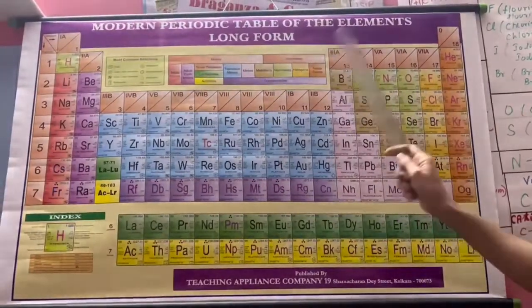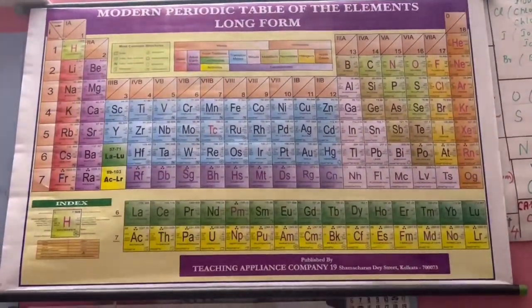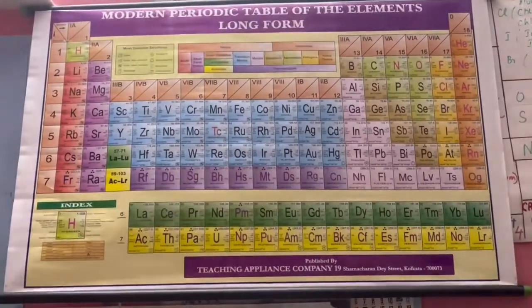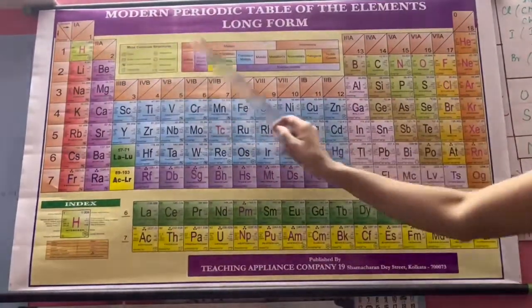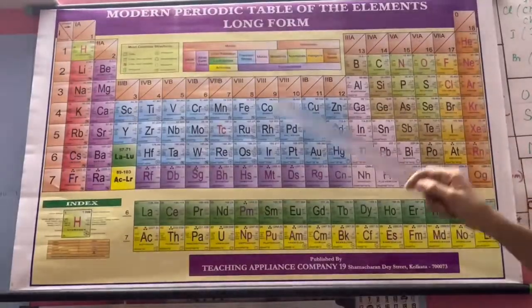The modern periodic table in the long form. So the modern periodic table consists of 18 vertical columns.